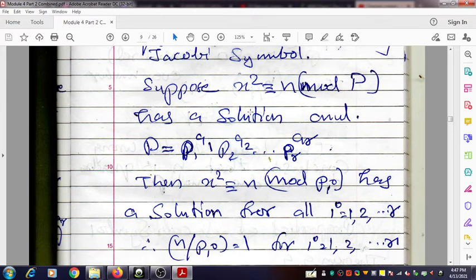Assuming this equation has a solution, what does it mean?